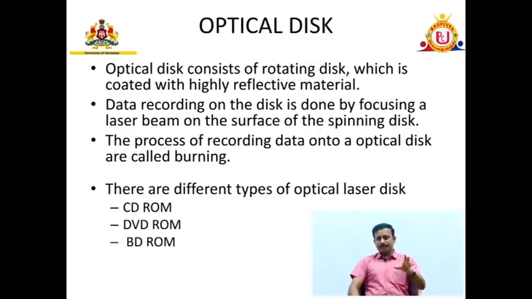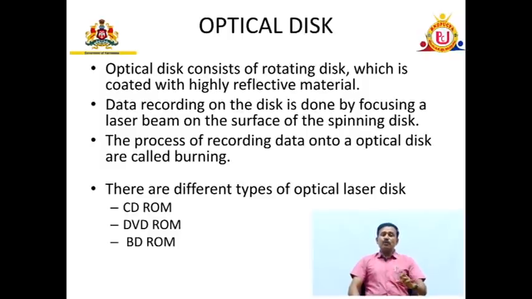Generally, the different types of optical storage devices are CD-ROMs, that's compact disk read-only memory, DVD-ROMs, digital versatile disk read-only memory, and BD-ROMs, Blu-ray disks. We'll call it a Blu-ray disc device. These are the important optical storage devices.